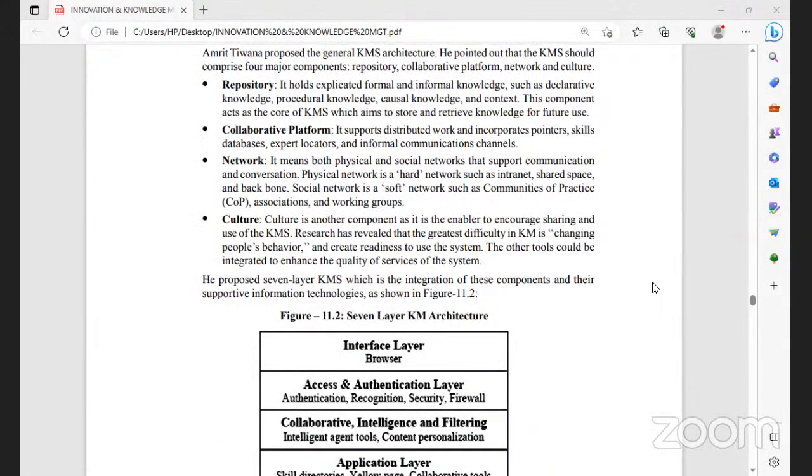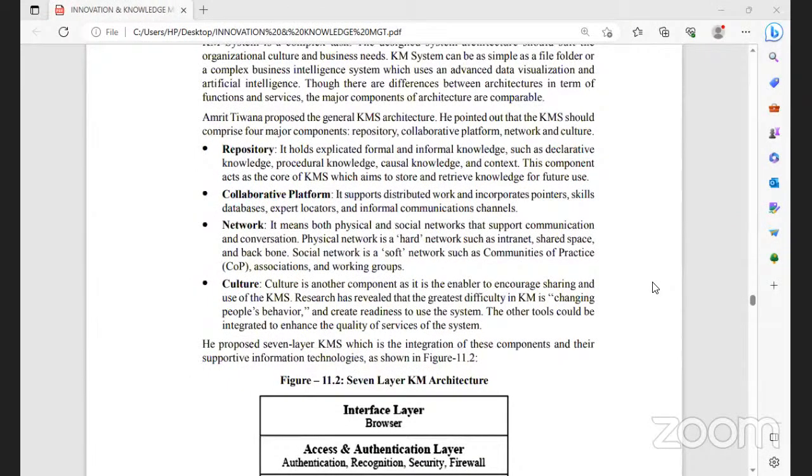Second one is collaborative platform. What does it consist of? It supports distributed work and incorporates pointers, skills, databases, expert locators, and informal communication channels. Means this collaborative platform consists basically of skills, pointers, databases, and informal communication channels.